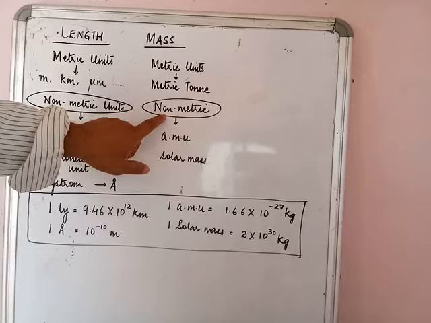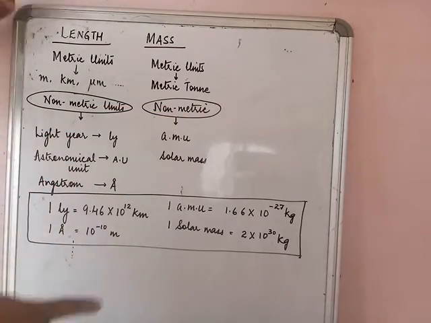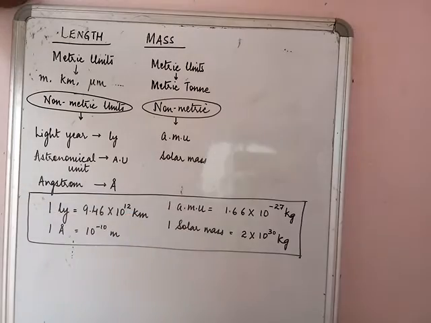Once again, please remember, it is a non-metric unit. It does not have meters attached to it. Solar mass represents the mass of heavenly bodies like stars, moons, planets, and is used to represent extremely heavy masses.